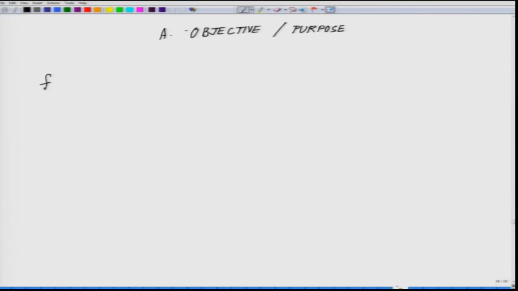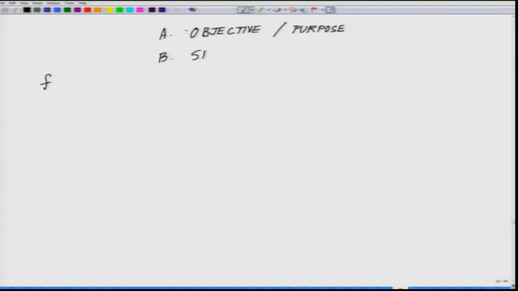After the purpose comes the constraints. What are the constraints? The first constraint, which you will see all over the world, a common constraint irrespective of whether you have money, whether you don't have money, how much money, is space. Space is a huge constraint all over the world.